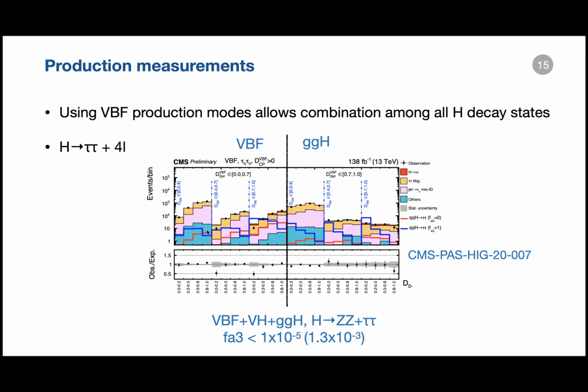The blue and the red ones are the CP even and CP odd hypotheses, and you do see that they differ a lot in each dimension. So by doing this, the tau plus ZZ combination could give you an even more stringent constraint on the CP odd contribution, which is up to 10 to the minus 5. Also, the bracket gives you the expected result. And in this case, it's because the data gives a very upper fluctuation, so it constrains much better than expected.